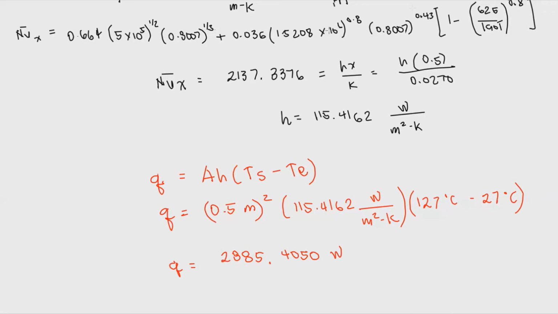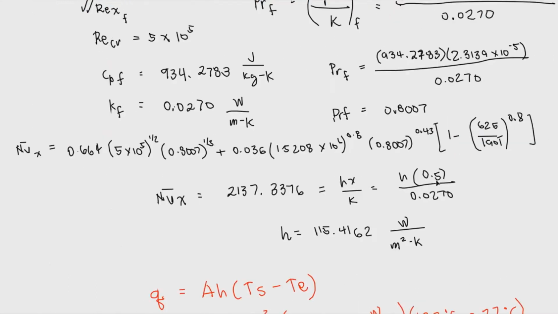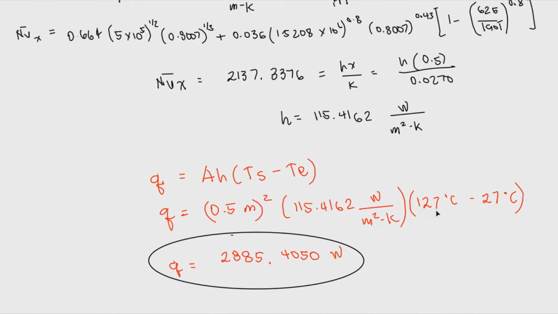So that's all for our answer for Q. So the heat transfer that is experienced in this case for oxygen that flows across a square plate would be 2885 watts, and that's of course convection.